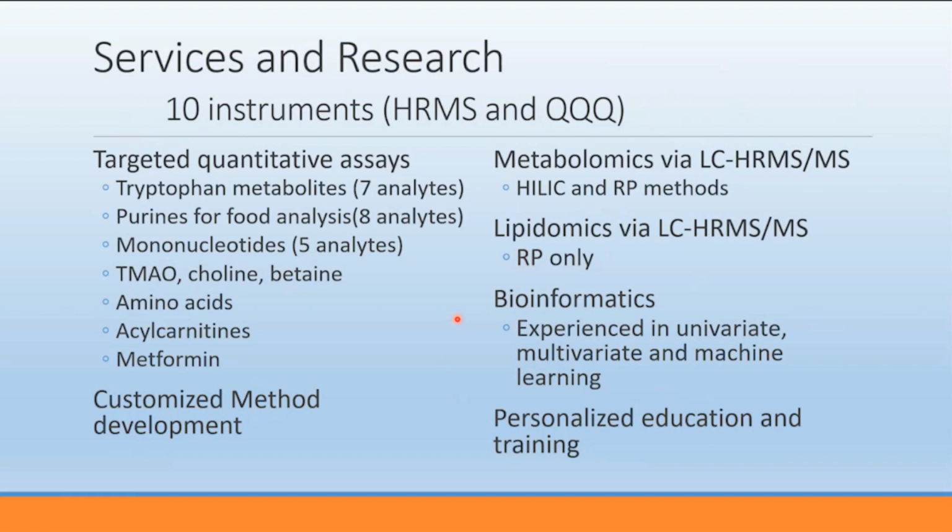We also have a lot of experience in bioinformatics, which includes classic univariate and multivariate, as well as machine learning approaches to help identify markers of interest, as well as to help identify metabolites that are significantly different between your studies. And then we can have education programs and training programs for individuals who are interested in conducting more of this work.